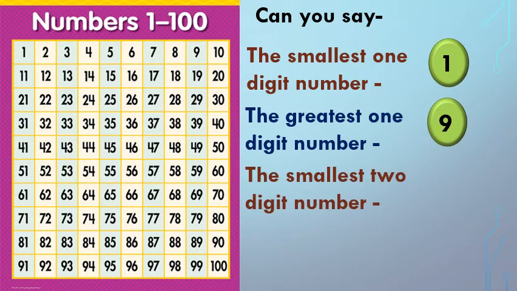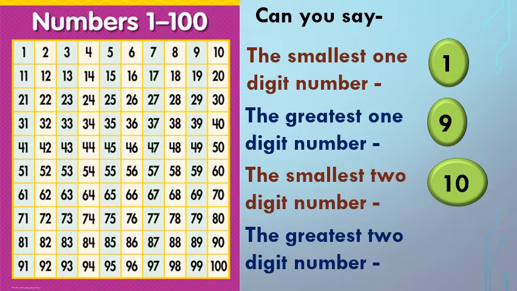Then we'll move to the next question. The smallest two digit number. Now the digit should be 2. The smallest two digit number is nothing but 10. Correct. Because 2 digits are there. And after 9, 10 comes. That is the 2 digit number. So it is the smallest 2 digit number.